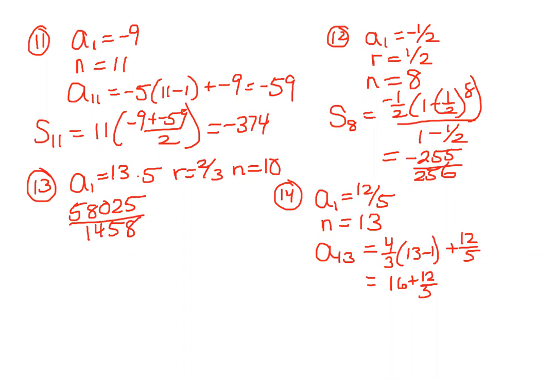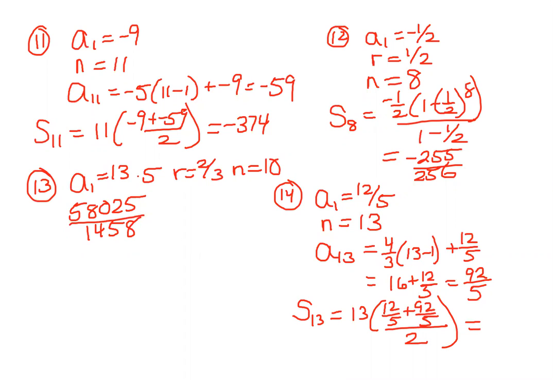So let's see. That would be 16 times 5 plus 12 equals 92/5. Oh yeah, that's right, 92/5. So we have S13 equals 13 times 12/5 plus 92/5, over 2. And that equals 676 over 5.